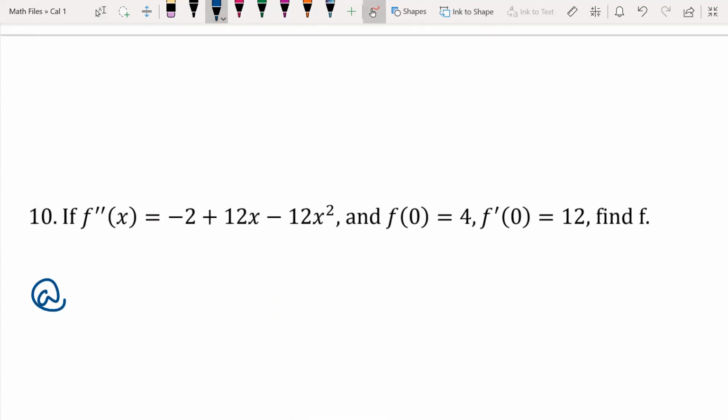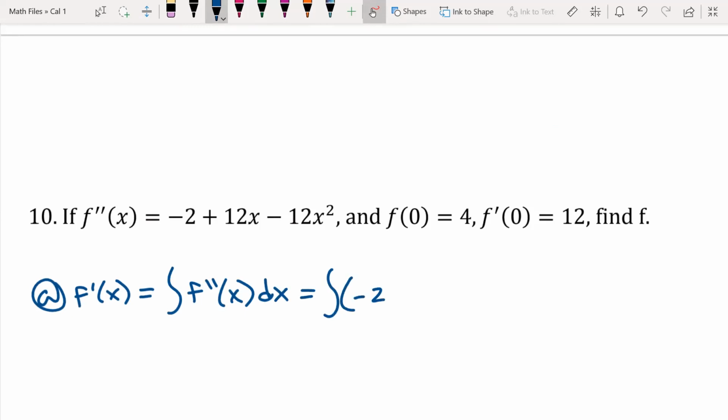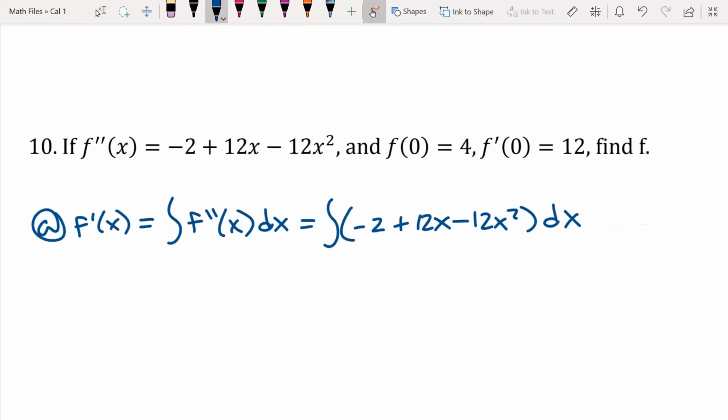So I'll say A, find f prime of x means we get the integral of f double prime of x dx, and we'll get the integral of -2 plus 12x minus 12x squared dx. That integral is all set and ready to go. Here we will use constant rule and then power rule in the last two.